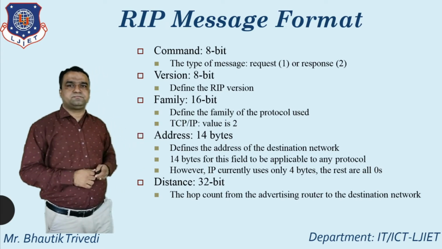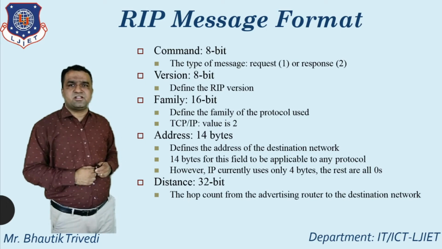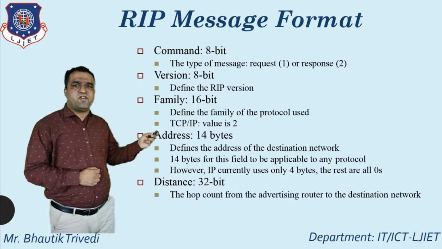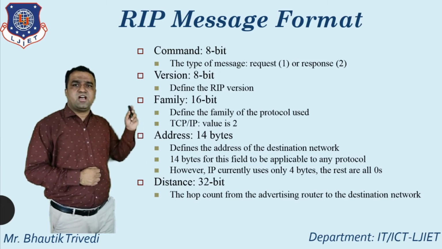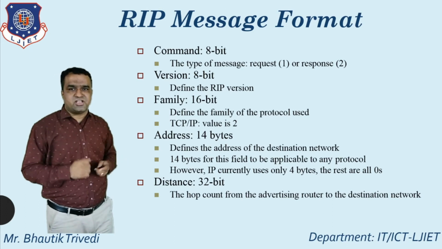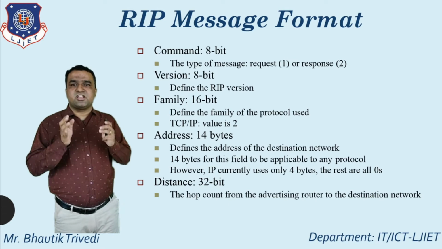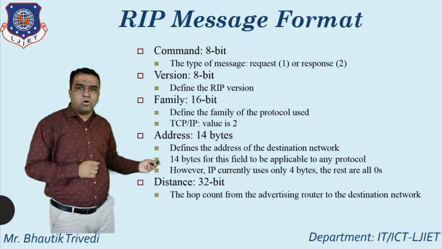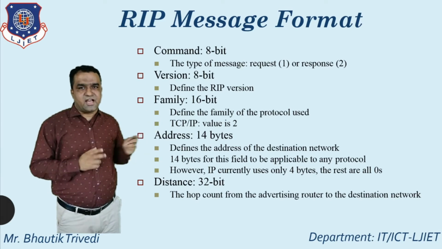Next, what is the meaning of network address? It defines the address of the destination network. And the last point is the distance. How do I calculate the distance? The distance is calculated by the hop count from the advertising router to the destination network.